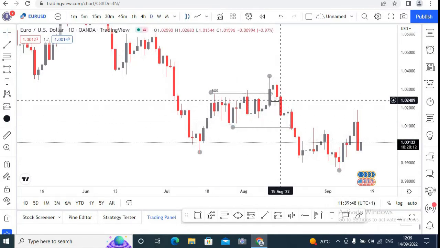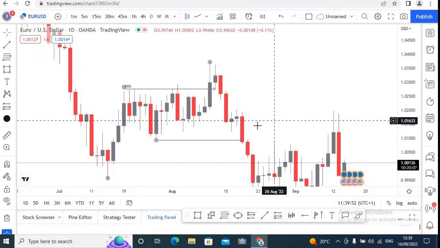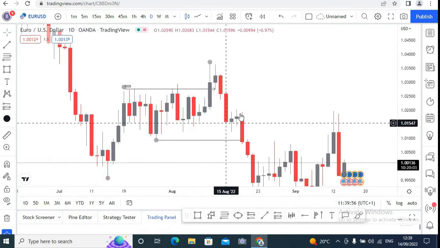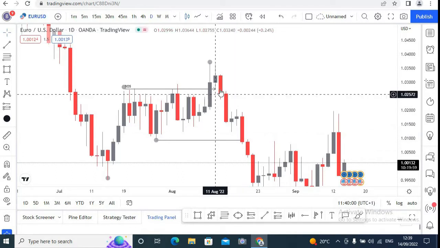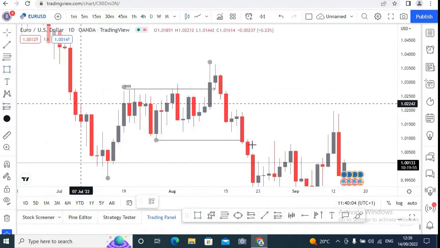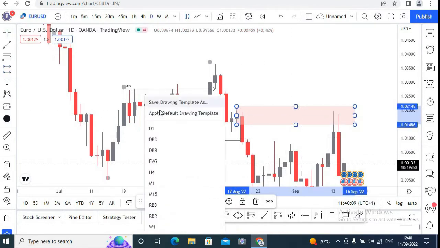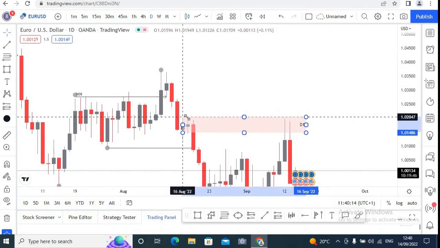The next thing we anticipate is a buy move, but the price failed to give us that move. Instead it gave us a continuation of bearish momentum, meaning we have a drop-base-drop, meaning this will now become your supply level. This will now become your supply level, as you can see guys right there.